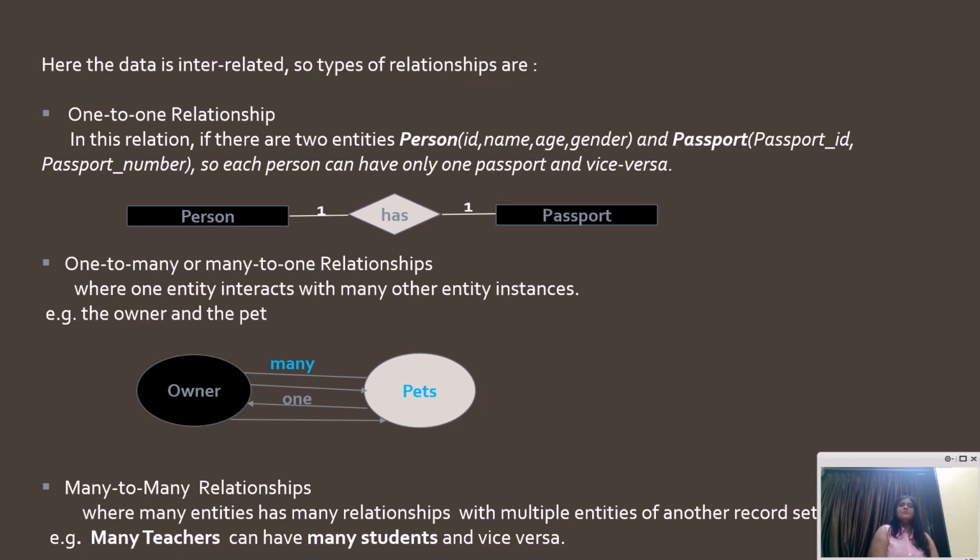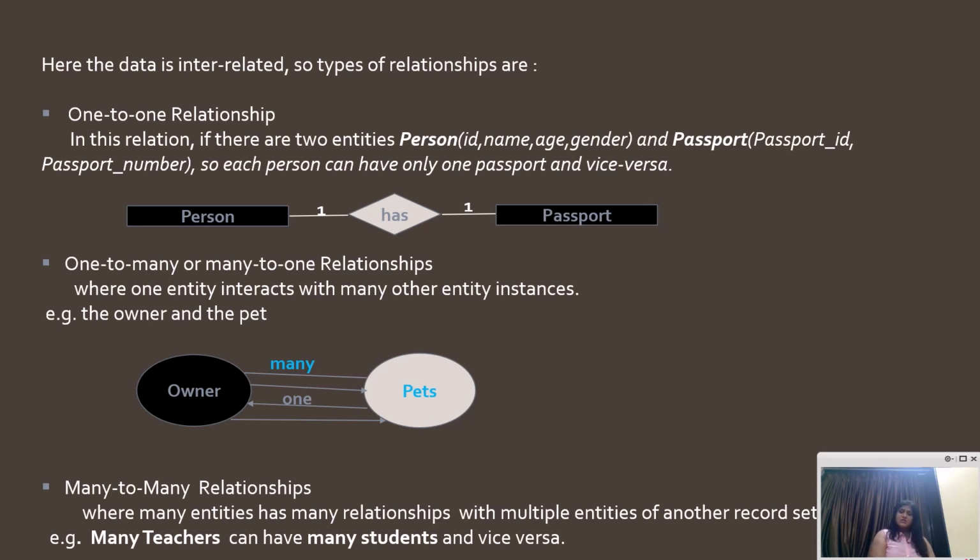Now many-to-many, where many entities have relationships with multiple entities of the other record set. So many teachers can have many students and many students can have many teachers. Many teachers are associated with so many subject departments, and so many departments are associated with so many teachers. That is an example of a many-to-many relationship.